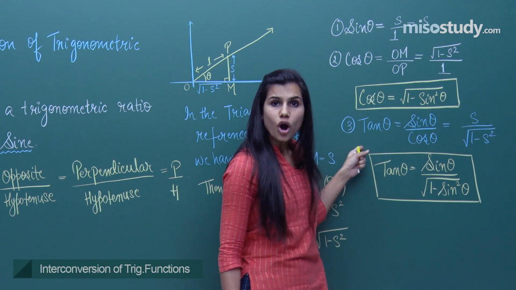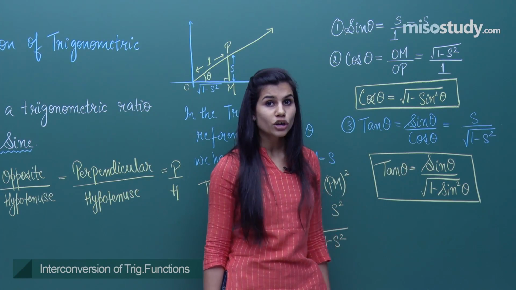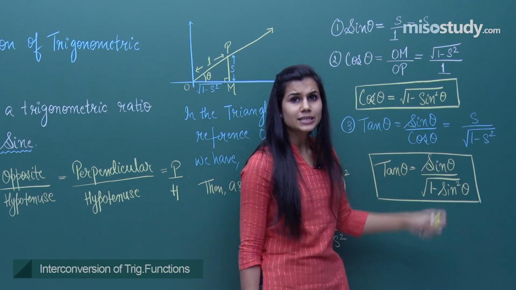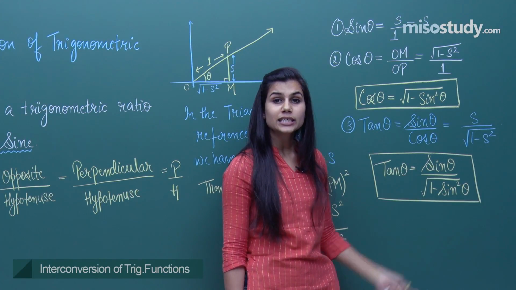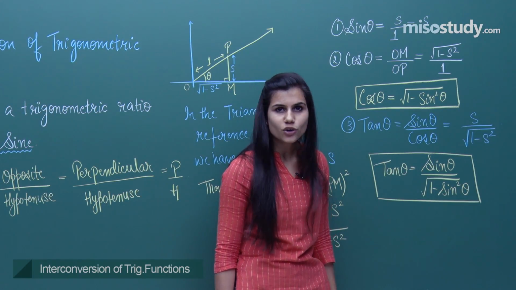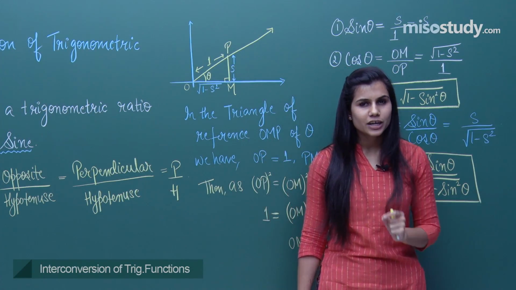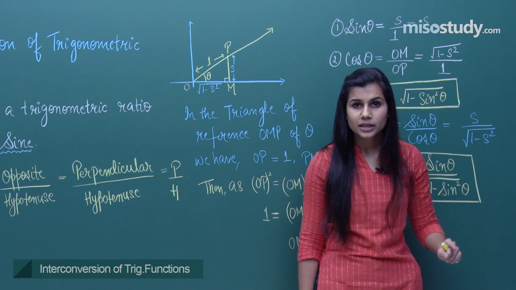If you move to cot, cot theta is nothing but 1 upon tan, reciprocal of tan. So 1 upon this expression will just reciprocate this expression, and you will have under root 1 minus sine square theta upon sine theta as your cot theta. And that is going to complete your conversion of every trigonometric ratio in terms of sine.